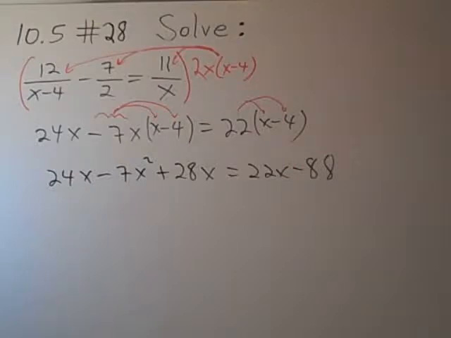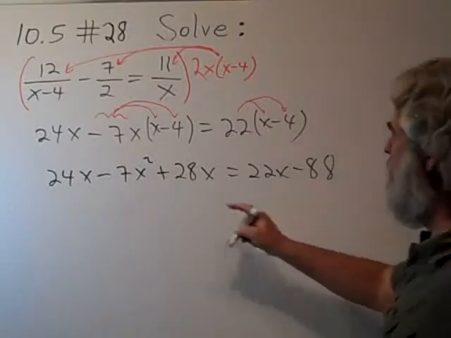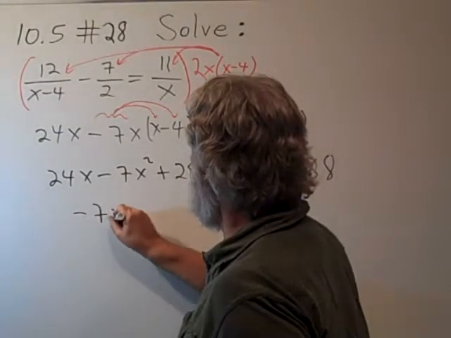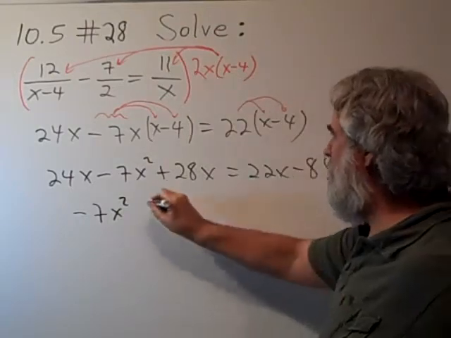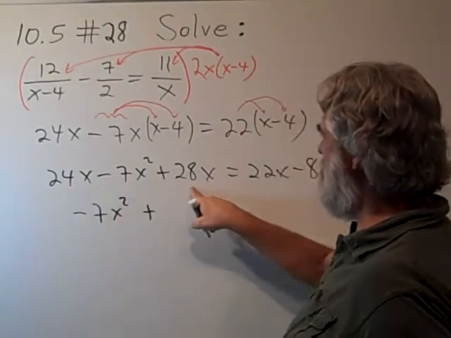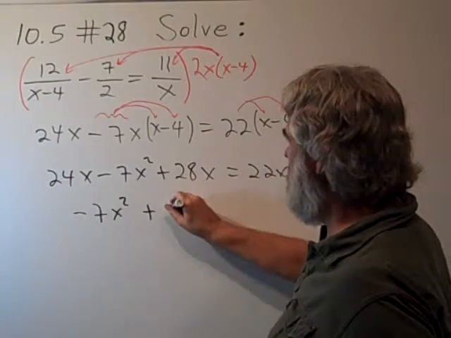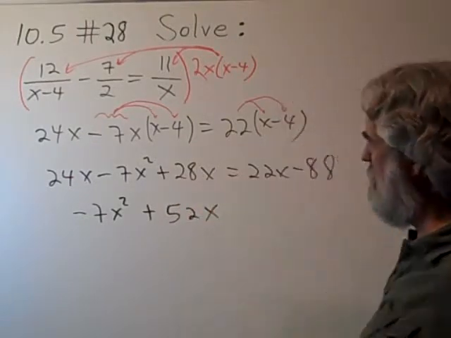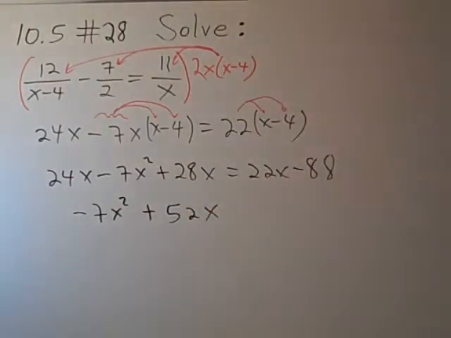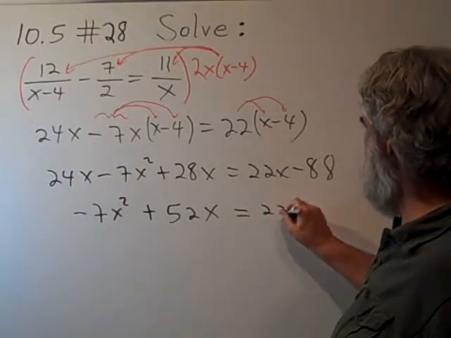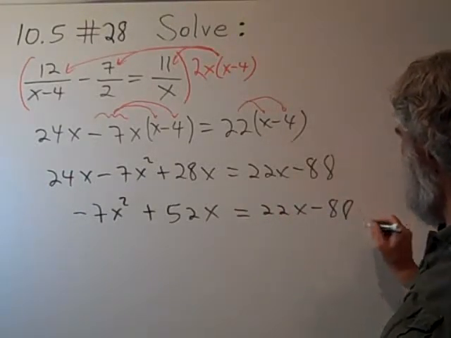Okay, let's combine like terms. We have negative 7x squared, and then plus 24x's plus 28x's. That adds up to 52x's. And that's equal to 22x minus 88.